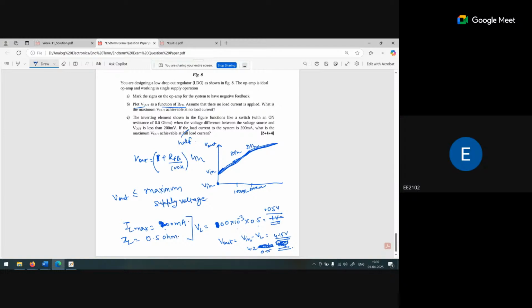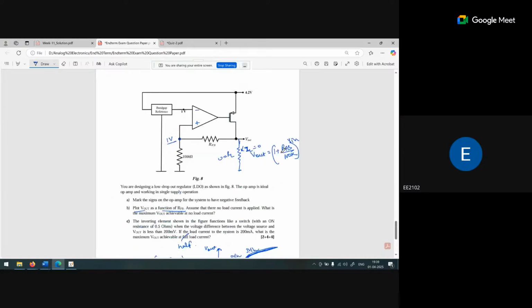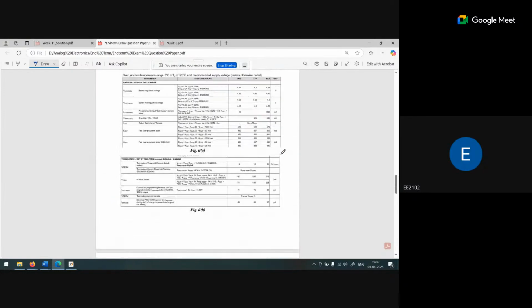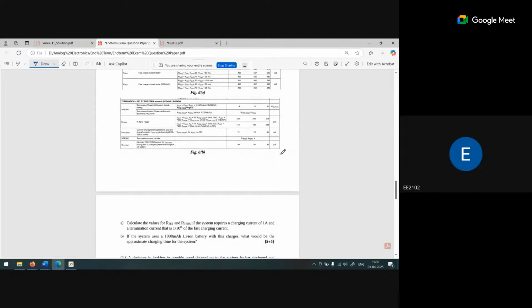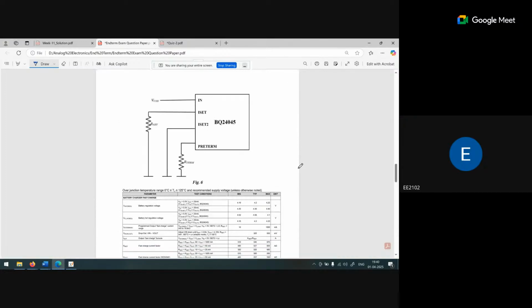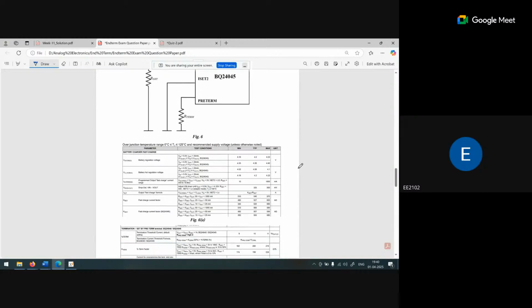Okay, so this is question number 8. Now if you are talking about question number 7, it says that it is an R set, R term.